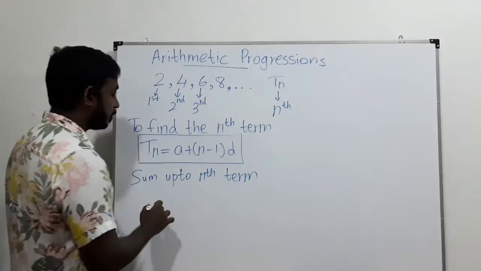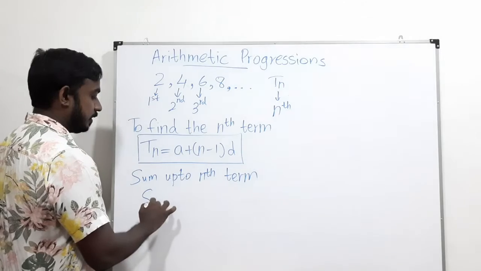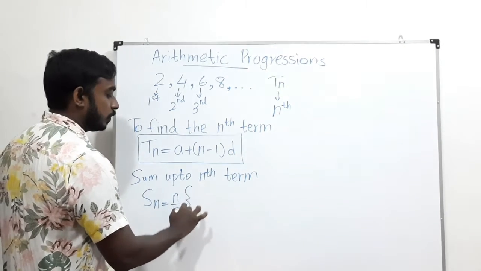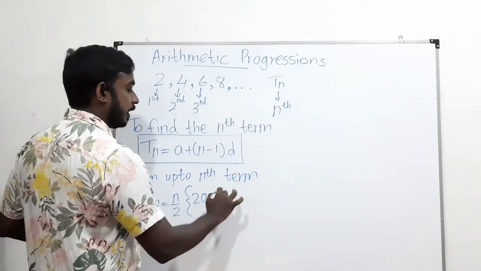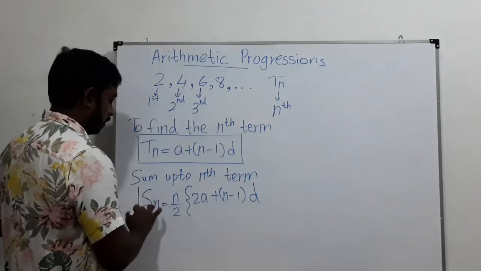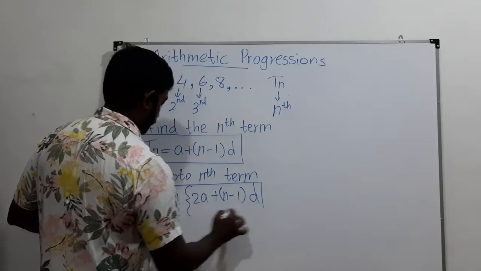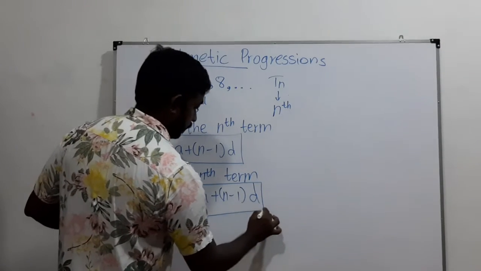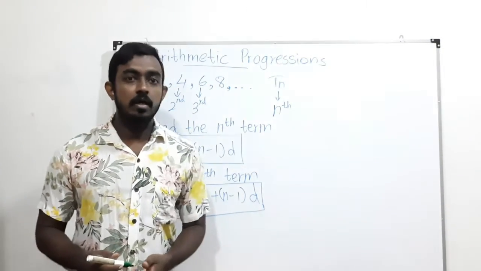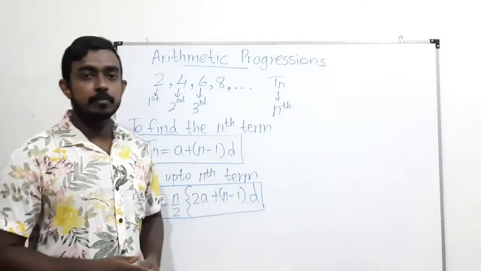Then you have to remember this formula: Sn equals n divided by 2, 2a plus n minus 1 into d. If you want to find out the summation, the addition up to the nth term, then you have to remember this formula.